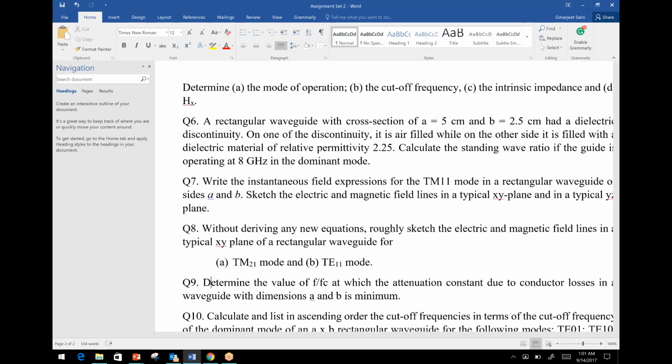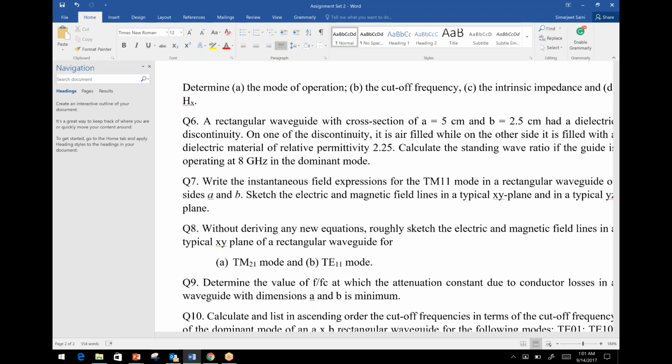Again, you have the expression for the loss of the TE mode. You take that expression, and anytime you have to do a minimization in engineering, you take a derivative of that expression and make sure that the derivative goes to 0. The slope of the function at minima is 0.